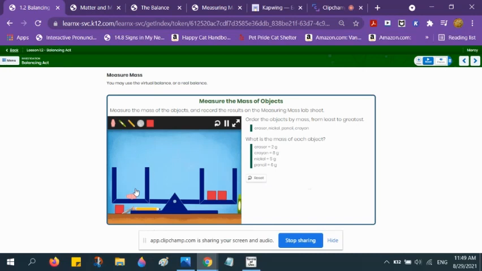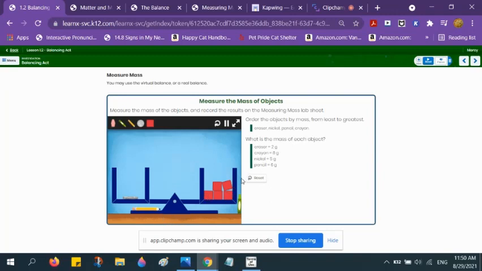Let's check if the nickel actually, how could it have been 5 grams? Let's check the nickel. 3 cubes in there. 4 cubes in there. No, it looks balanced to me, but let me put 1 more cube in there and see. Still looks pretty balanced. So yeah, I see how it's 5 grams.